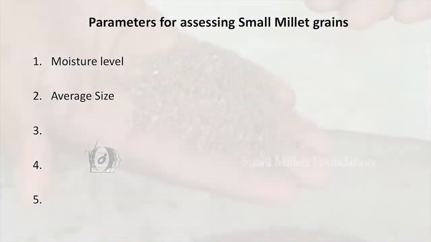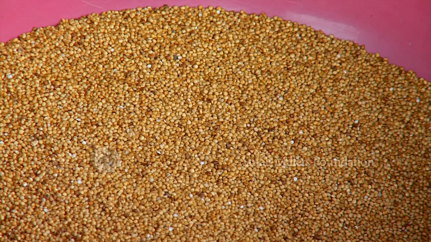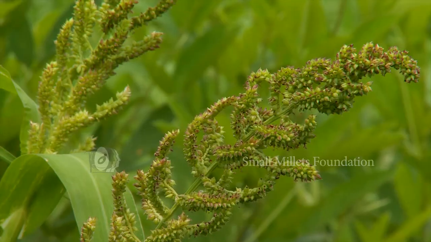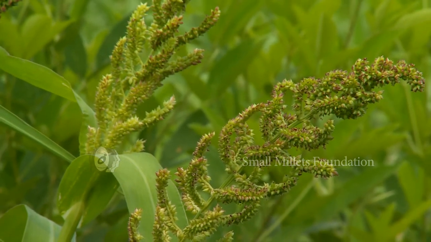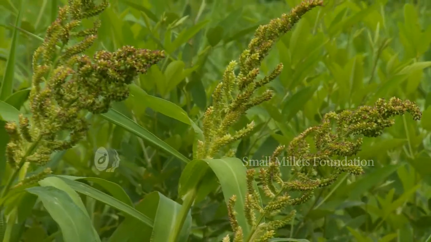Average size. The bigger the size of the grain, the bigger the rice kernel inside. But one has to check if the kernel is hard and cracks when chewed on or gets crushed. This is a simple way to determine, especially close to the farm gate, if the crop was cultivated in rain-fed conditions or was irrigated.